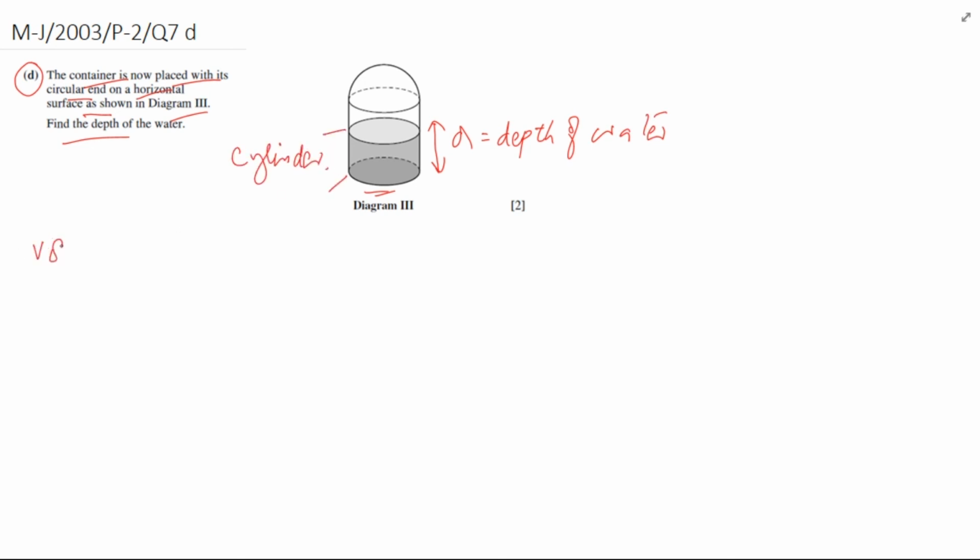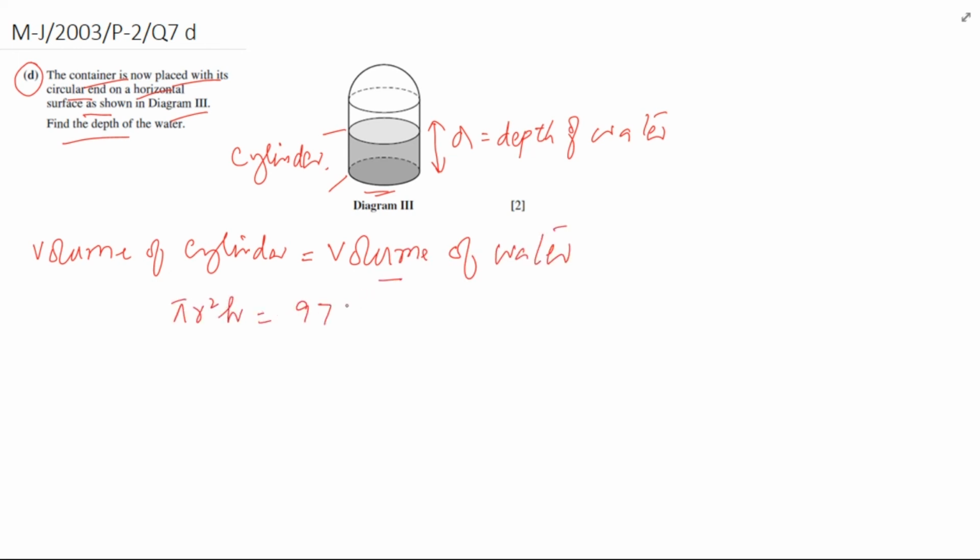The volume of the cylinder is equal to the volume of water, and the volume of the cylinder is πr²h, equal to the volume of water which we have found in the previous part, that is 972π. Here π and π cancel out. R, the radius of the cylinder, is equal to 9.